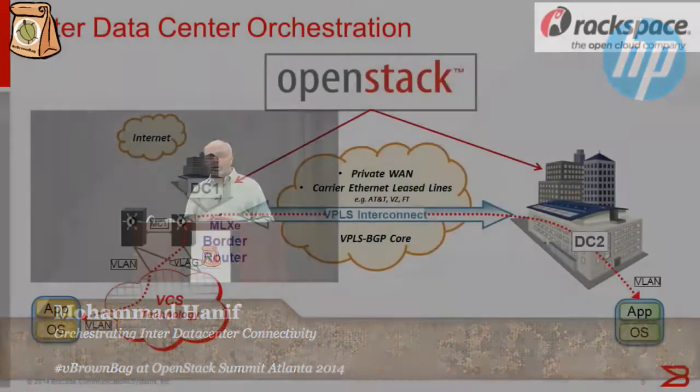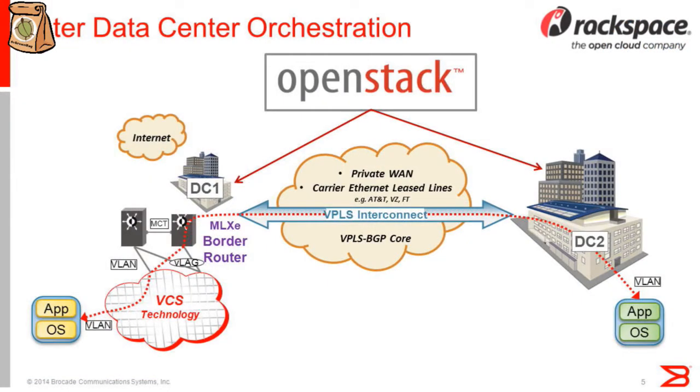So again, this is just to depict how we view this work and how OpenStack is going to help us bring all the data centers together. Essentially, the work assumes that we are building the cloud using multiple data centers. All these data centers are connected through an MPLS backbone, and they are running BGP.